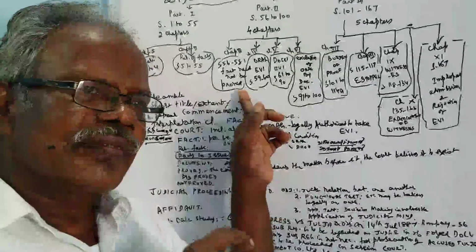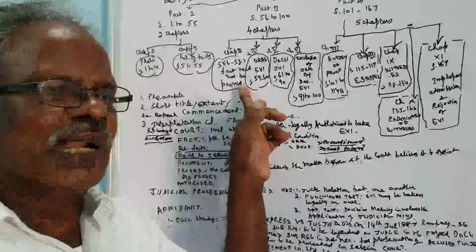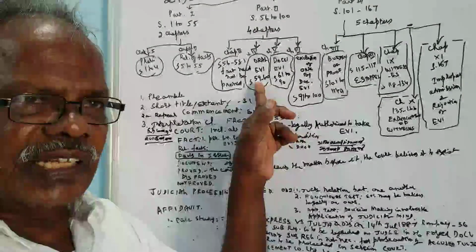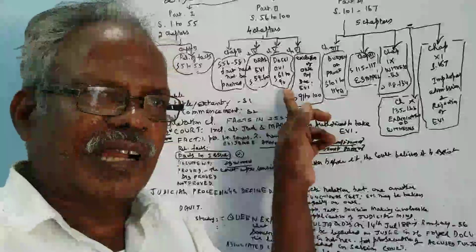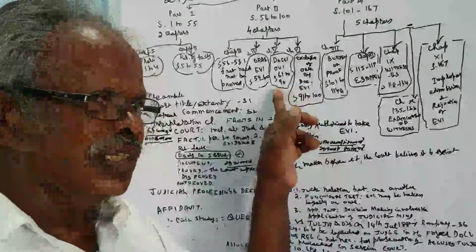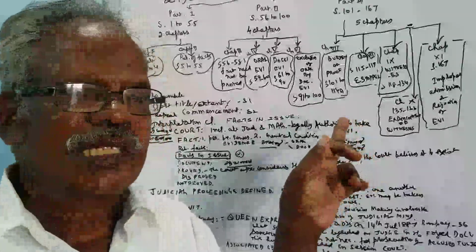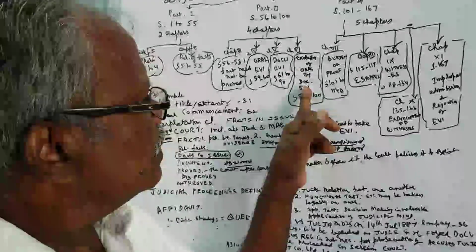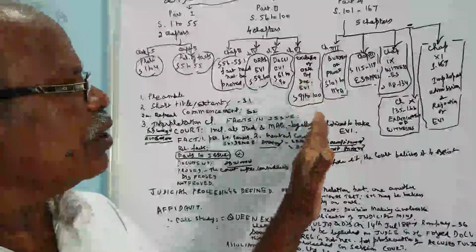That is, the fact itself contains the truth in it, so it need not be proved. Oral evidence, sections 59 to 60, comes under chapter 4. Chapter 5 is documentary evidence, sections 61 to 90. And chapter 6 is exclusion of oral evidence by documentary evidence, sections 91 to 100. So up to 100, part 2 is over.